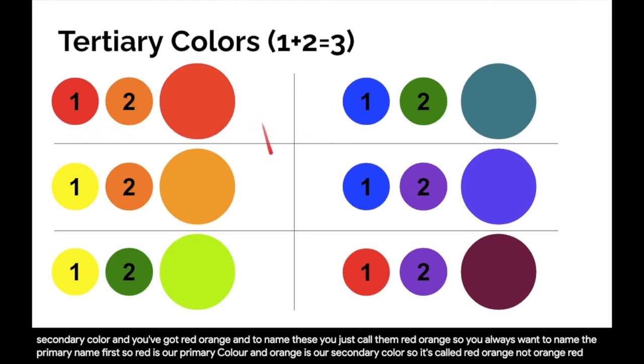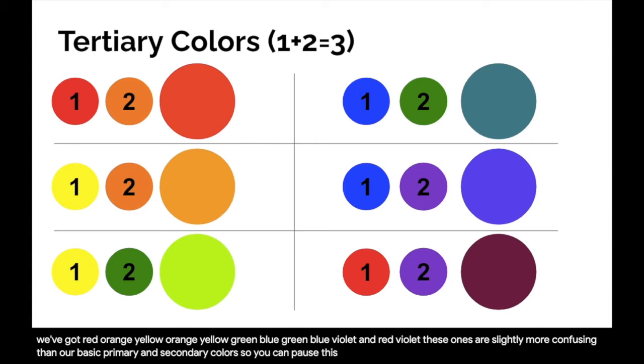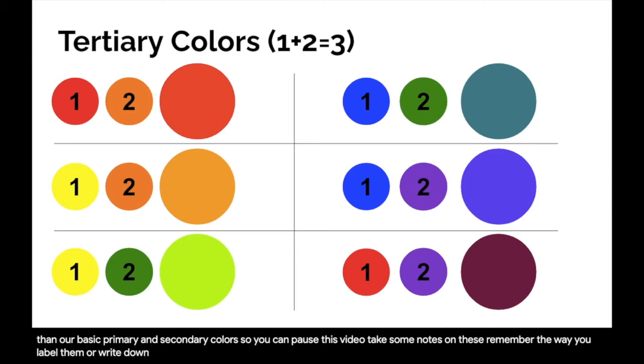So we've got red-orange, yellow-orange, yellow-green, blue-green, blue-violet, and red-violet. These ones are slightly more confusing than our basic primary and secondary colors, so you can pause this video, take some notes on these. Remember, the way you label them or write down the name is red-orange, and you always want to name the primary name first. So for example, this would not be violet-blue, it would be blue-violet.